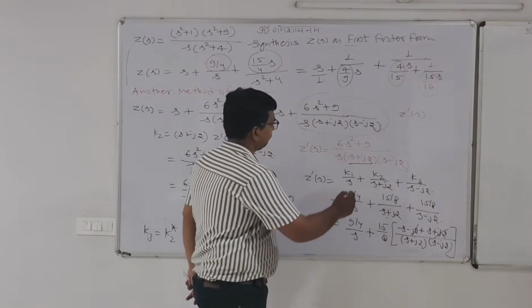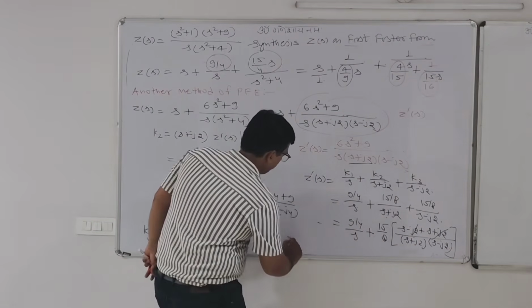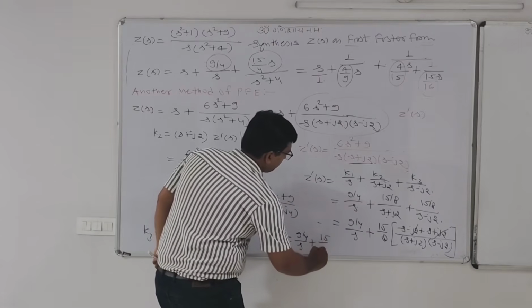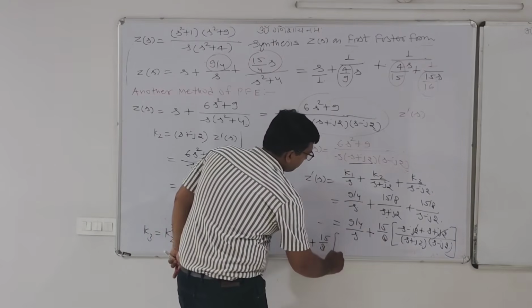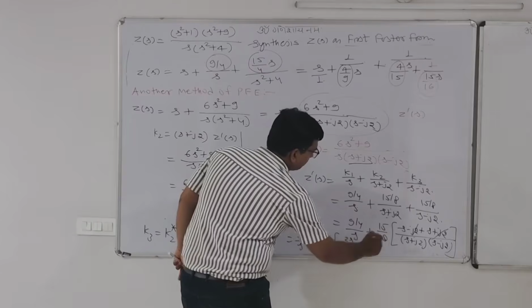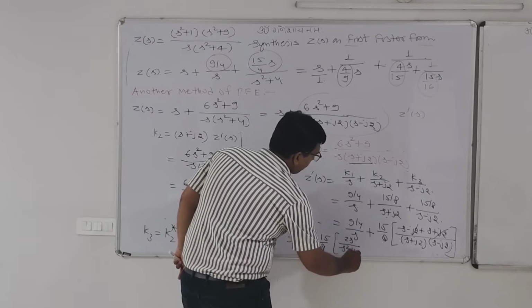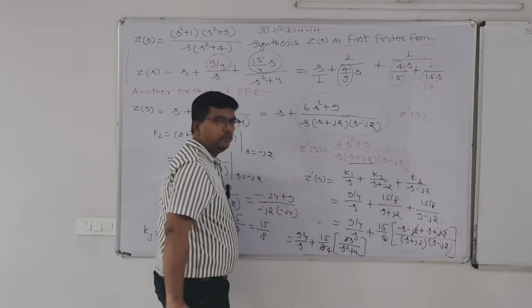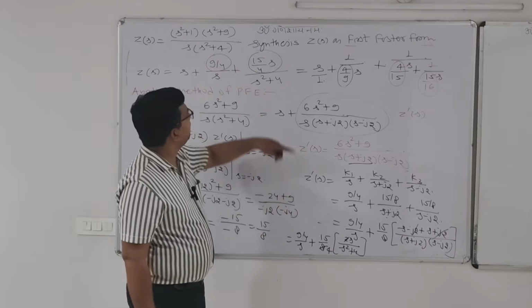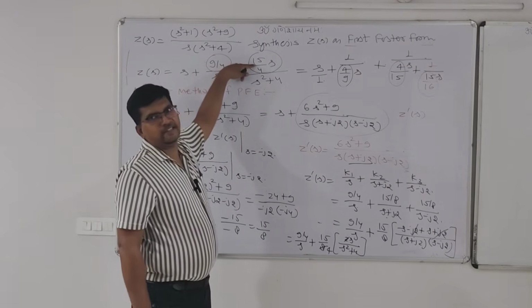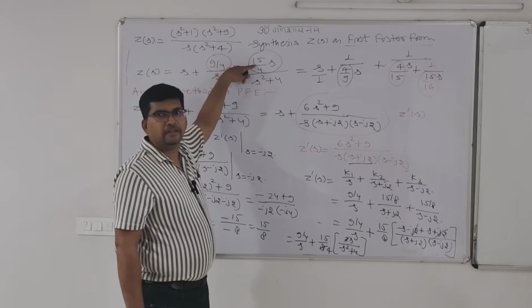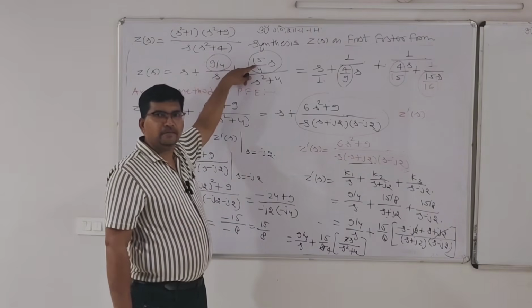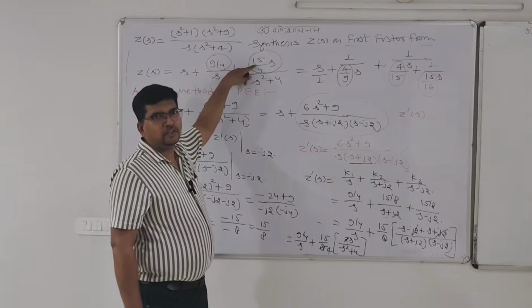So this is 9 by 4s plus 15 upon 8 times 2s upon s square plus 4. The 2 will be cancelled out, so this becomes 15 by 4. This 15 by 4 is the same as the partial fraction coefficient B we determined earlier. So this is another way of determining the partial fraction coefficient.